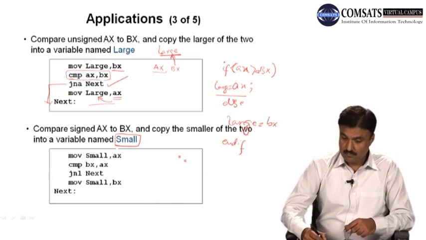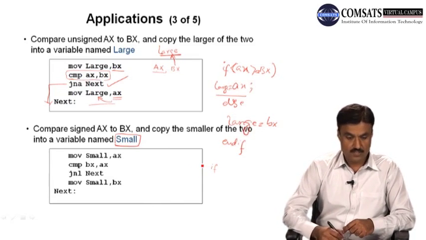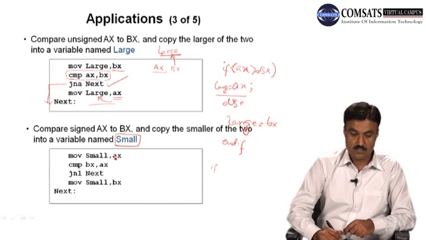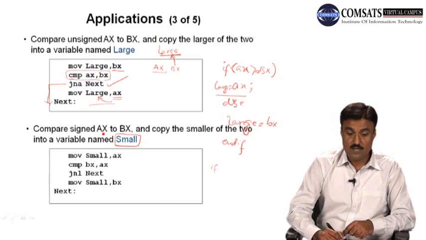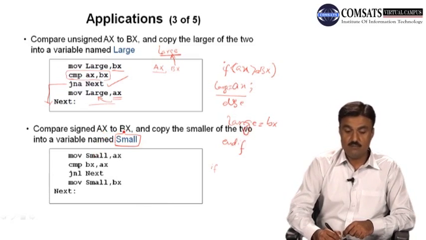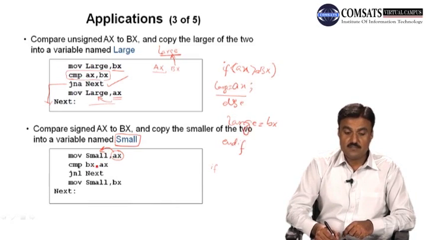So here the logic is, there are two values. If AX is less than BX, then small will have the value of AX, otherwise small will have the value of BX. First we transfer the value of AX into small, then we compare BX with AX.